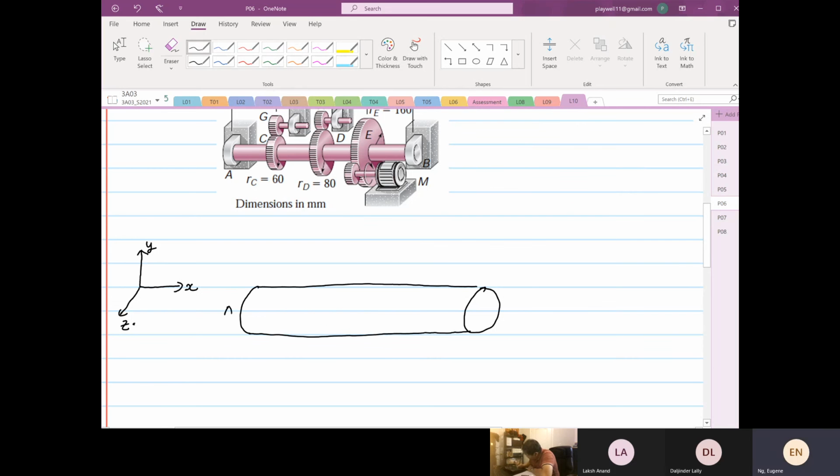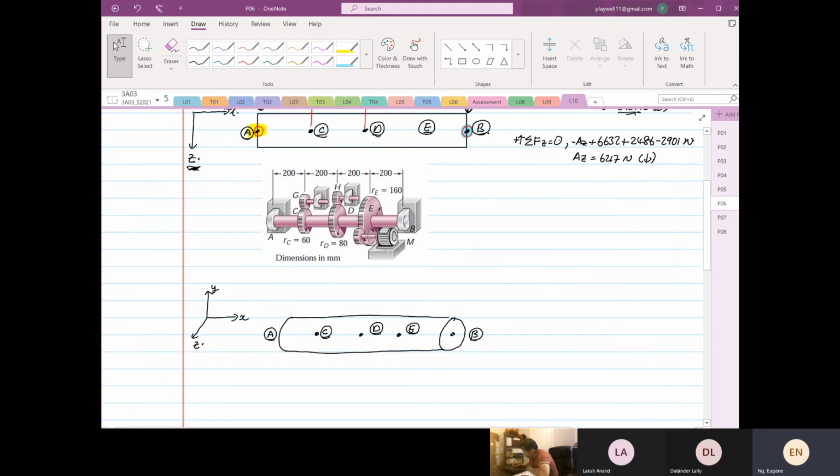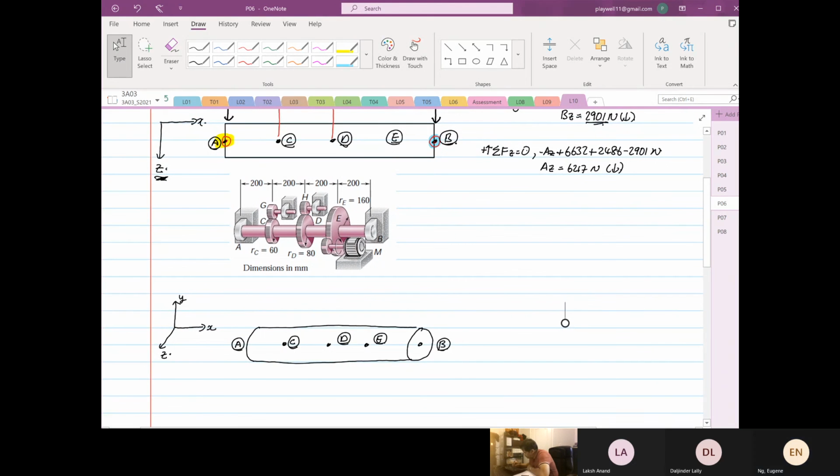So point A, point C, point D, point E, and this is our point B. At point B we have BZ, coming down this way.